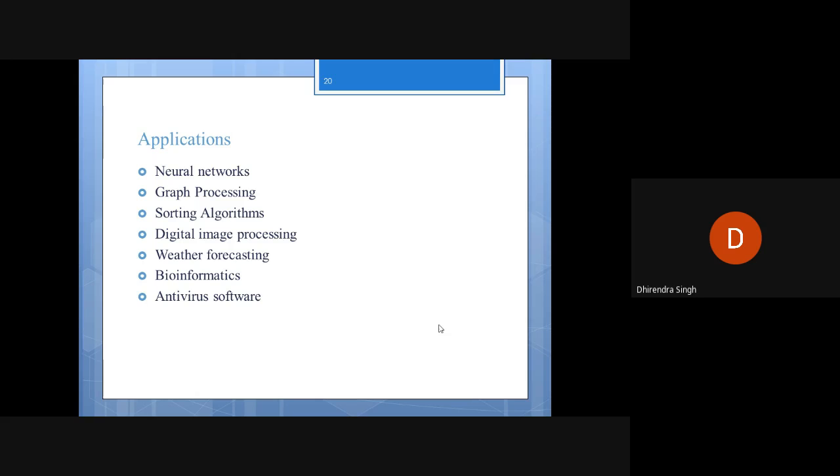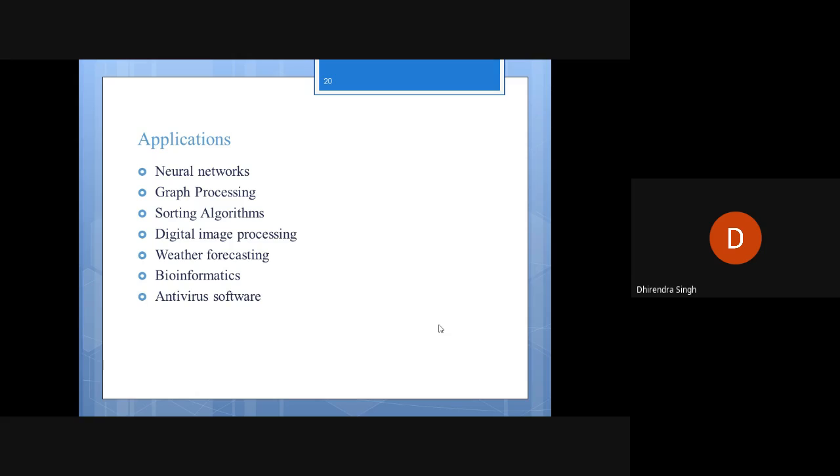Weather forecasting: we have a large amount of data to analyze, so wind direction and such things are also done with the help of GPU computing. Bioinformatics: molecular modeling, particle dynamics, RNA, DNA, and there is much research using GPU computing.